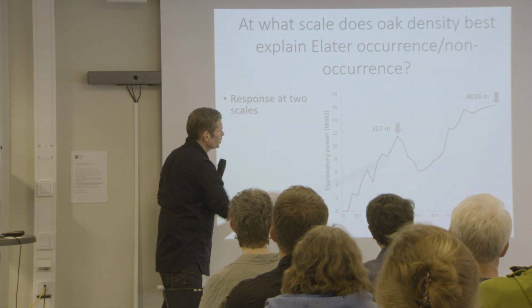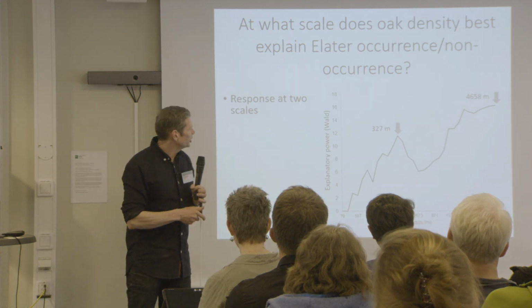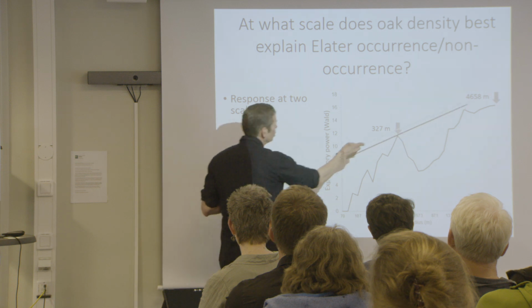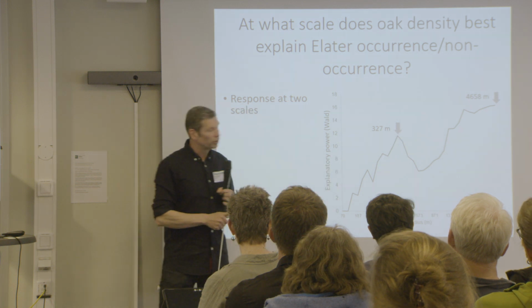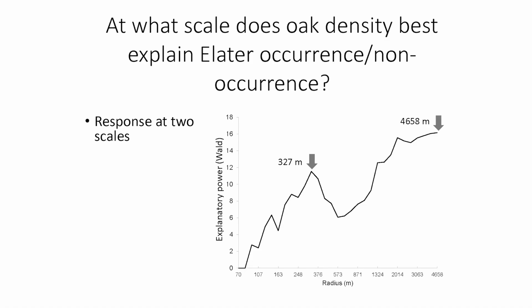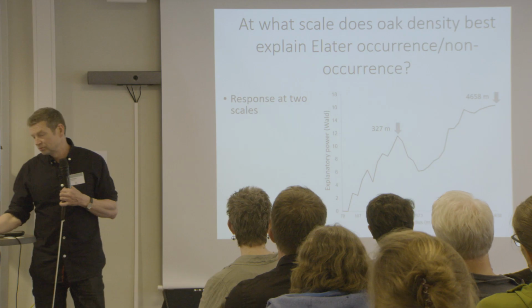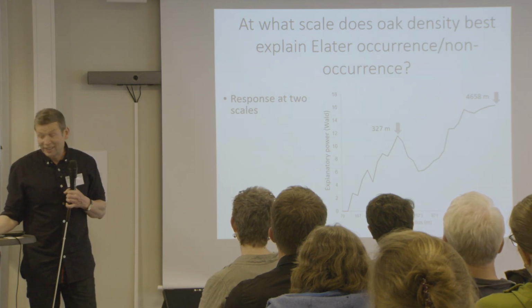It seems like they responded both to the number of oaks within 300 meters around, approximately at the stand scale, but they also responded to around 4.5 kilometers around. And with these predictions, we could also count the number of oaks that they needed here. So now it started to get really interesting.